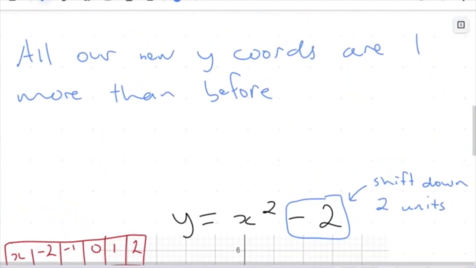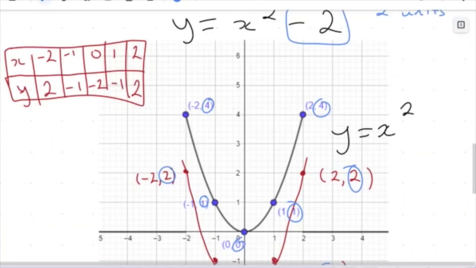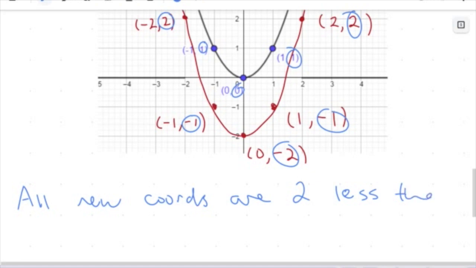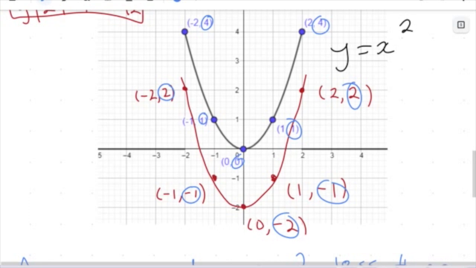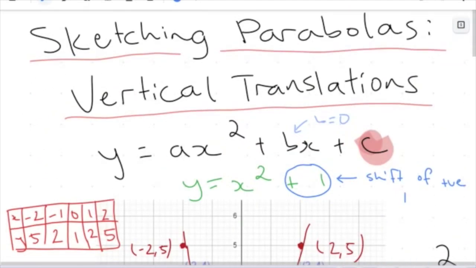So in the same way up here, as we had all of our new coordinates being 1 more than before, here we see that all our new coordinates are 2 less than before. Each point, each part of my parabola has been shifted down by 2 units. So all of our vertical translations are centered around this guy over here, my constant.